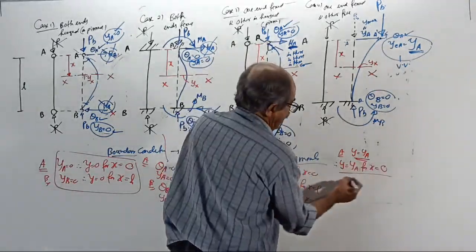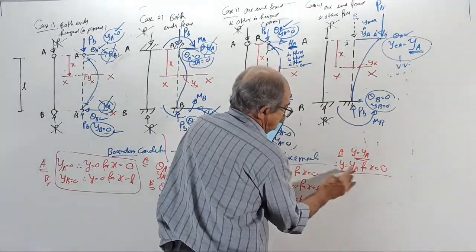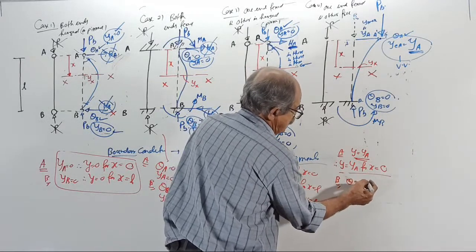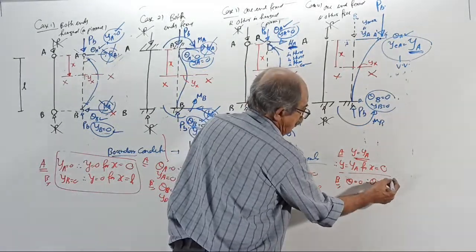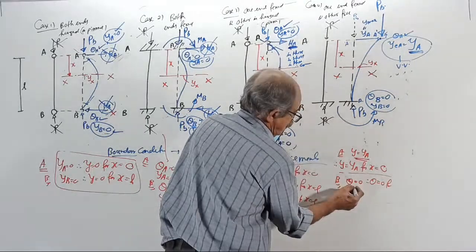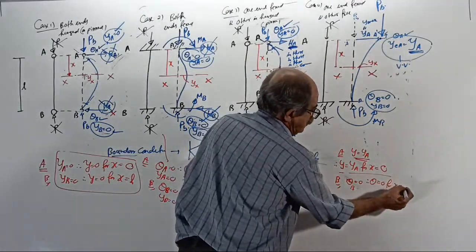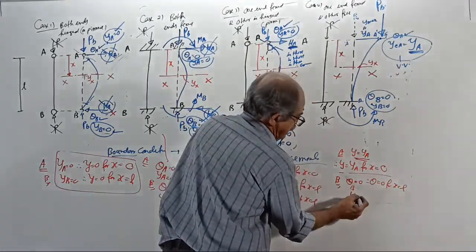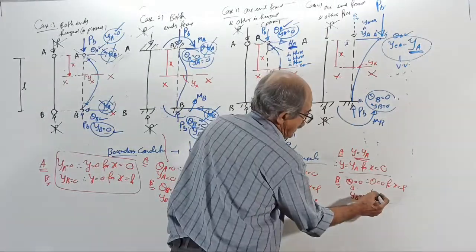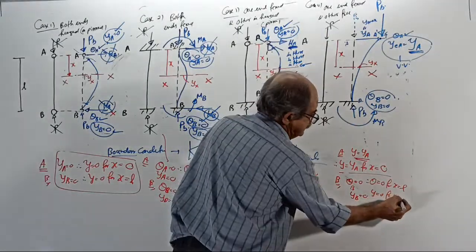Then at the point B, theta equal to 0 for X equal to L, and at the point B, deflection equal to 0. So Y becomes 0 for X equal to L.